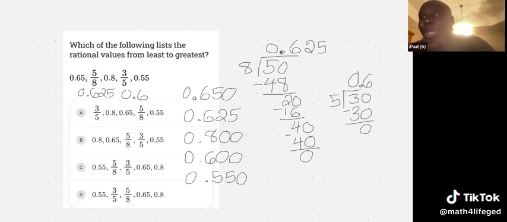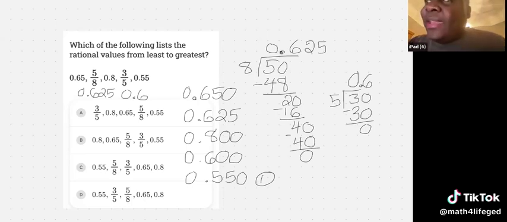Then the next one is gonna be 600. Then the one after that is gonna be 625. Then the one after that is gonna be 650. Then the one after that is gonna be 800, from least to greatest.